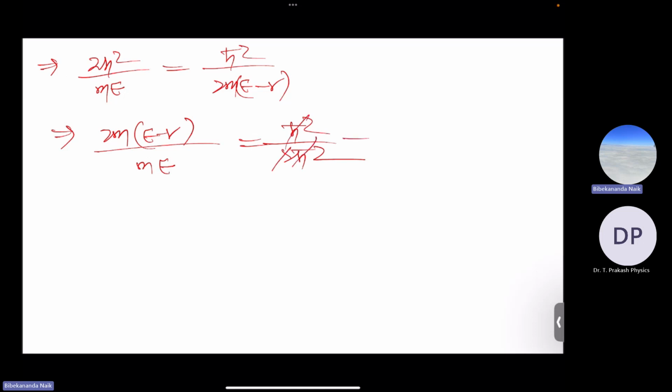So this h cross square cancels out. It is 1 by 2. Then, the rest gets cancelled out, so (E minus V) by E equals 1 by 2.